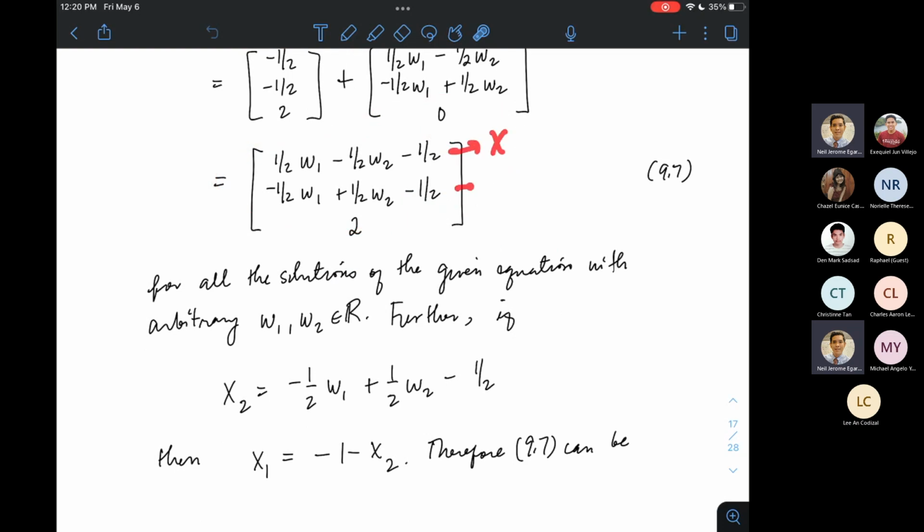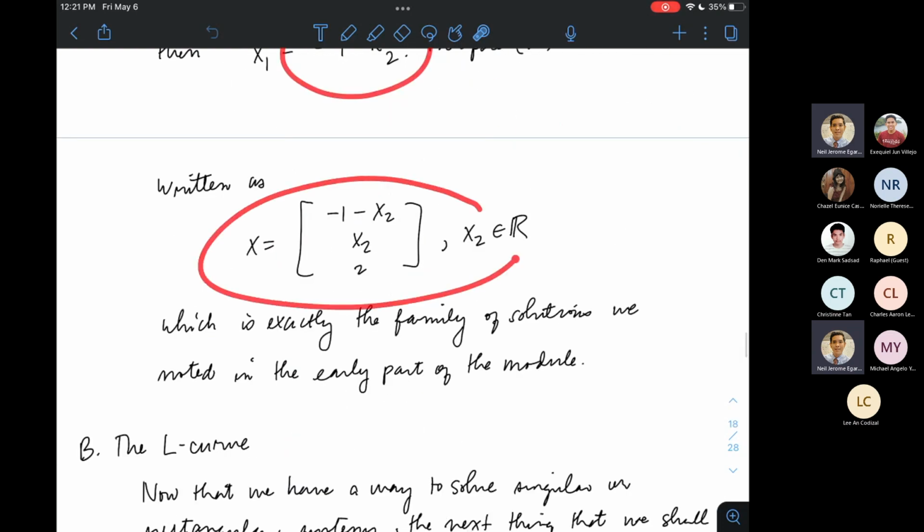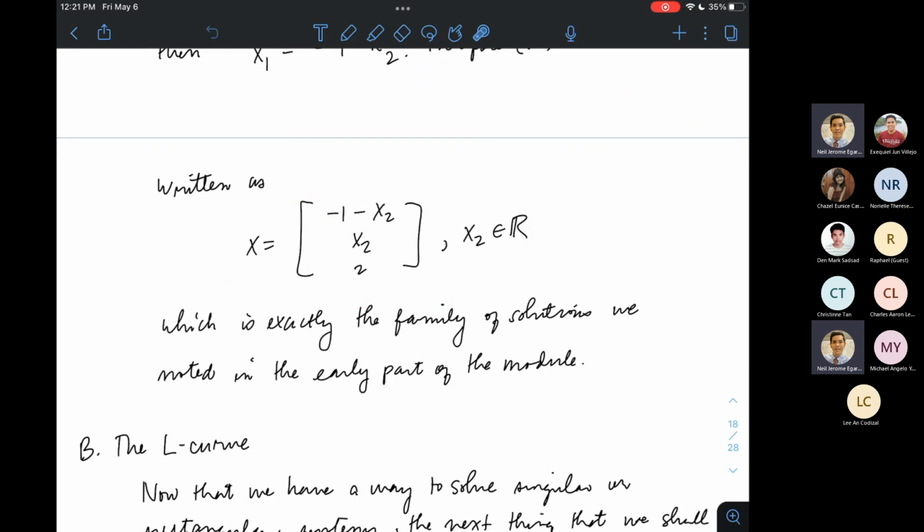So kung ito si x1, ito si x2, so we'll see that x1 plus x2 ay equal kay -1. So that means x1 can be written as -1 minus x2, right? So yun yung nakuha ko rito, which is exactly what we predicted or what I gave you in the introduction to the course, to the module.